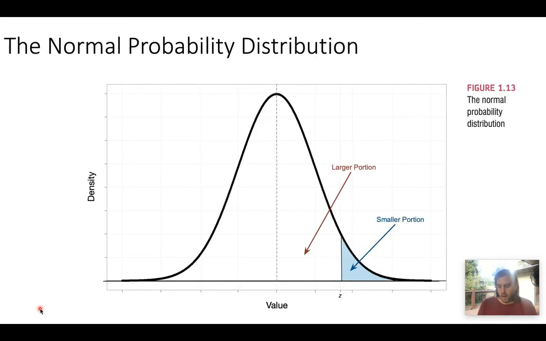So we can think of z-scores as overlapping with what we call the normal probability distribution. This distribution is a theoretical distribution, meaning you're not going to actually collect data and find this perfect smooth curve every time, right?